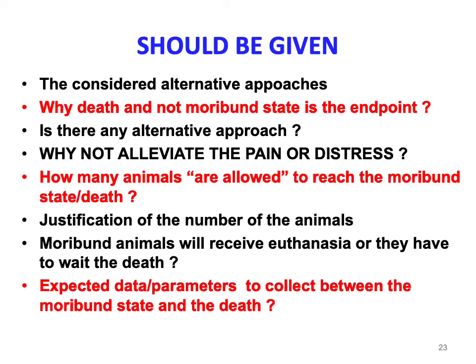How many animals are allowed to reach the moribund state and death? You have to give a justification of the number of animals involved. Moribund animals will receive euthanasia, or they have to wait for death. And what are the expected data or parameters to collect between the moribund state and the death?